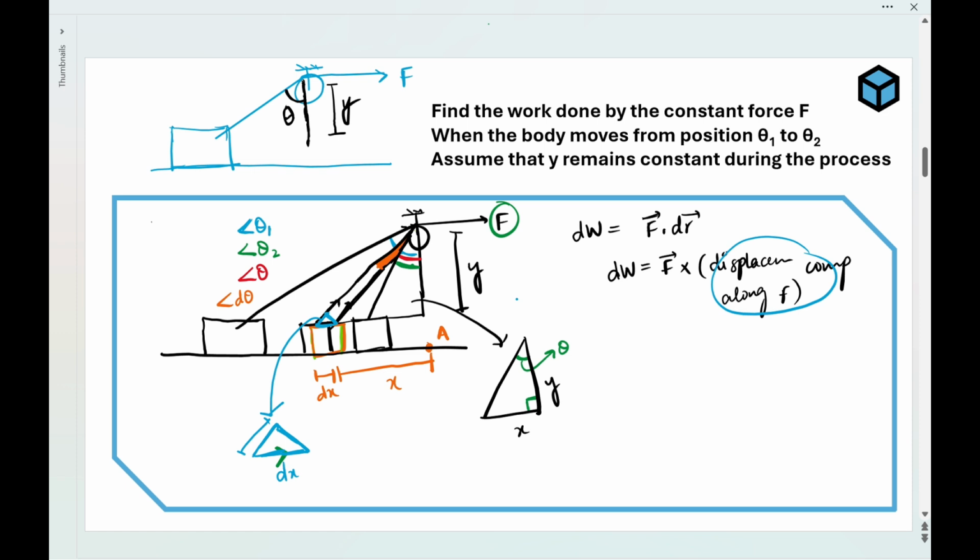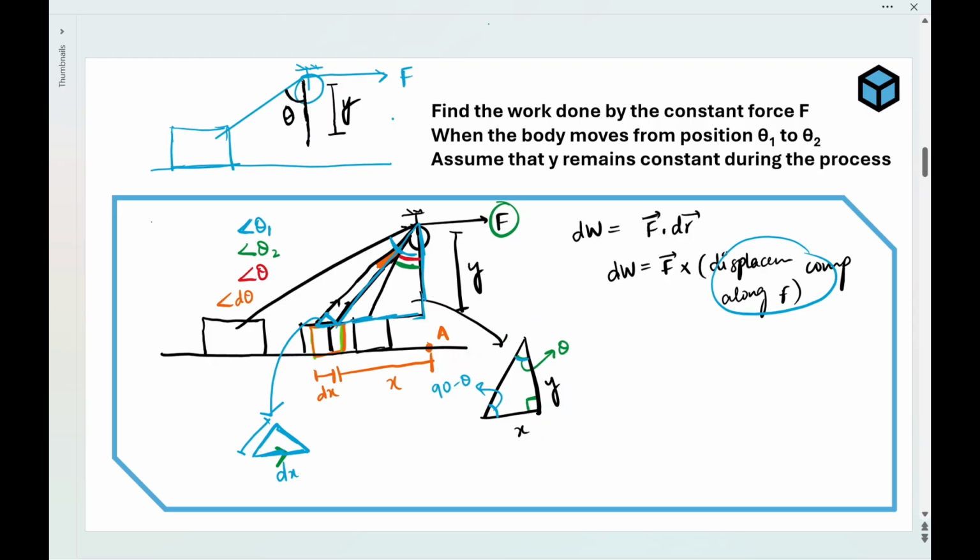Since this is a very small angle change, you can see that here, if this is theta, this is 90 degrees, this is 90 minus theta, and this triangle is this triangle. I hope you are able to see it. This big blue right angle triangle is the triangle which I have drawn over here.